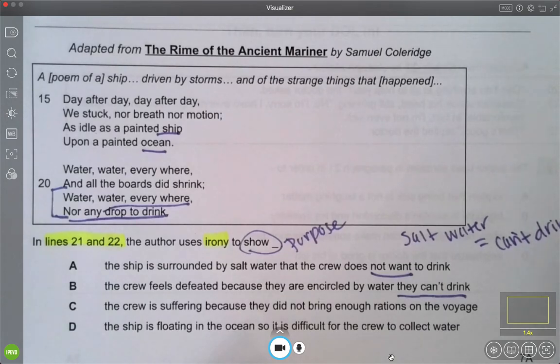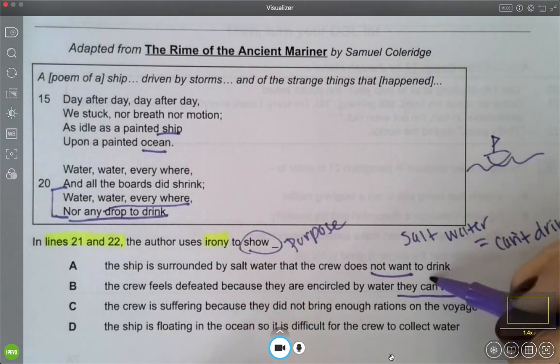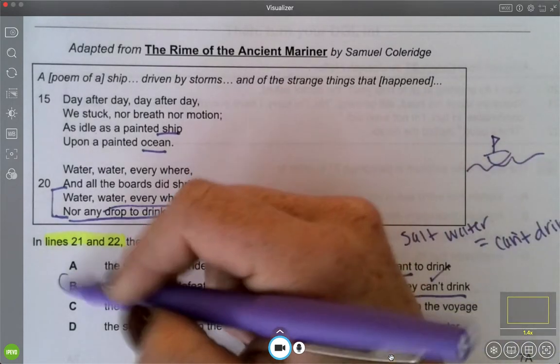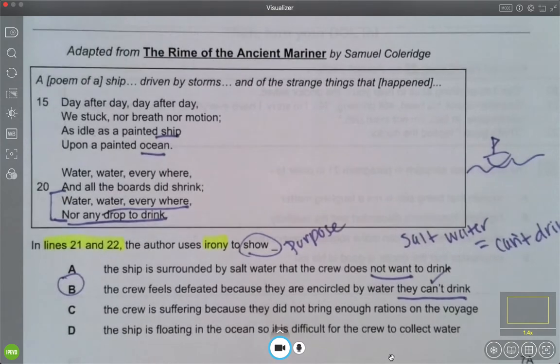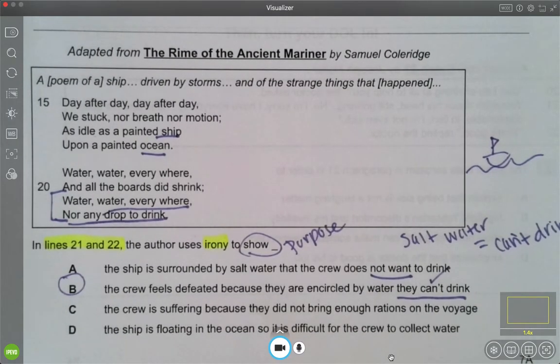And they are in a ship that's in an ocean. But they can't drink any of that water because it's salt water. So B becomes our correct answer. It seems contradictory that when you are surrounded by water, you would have no water to drink.